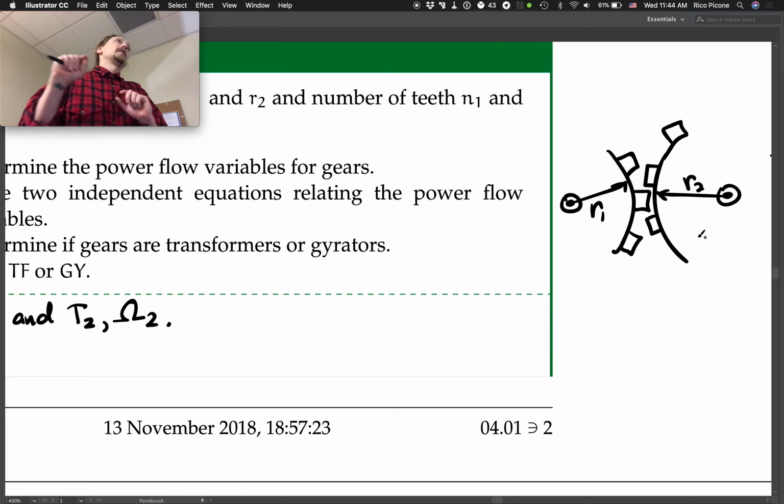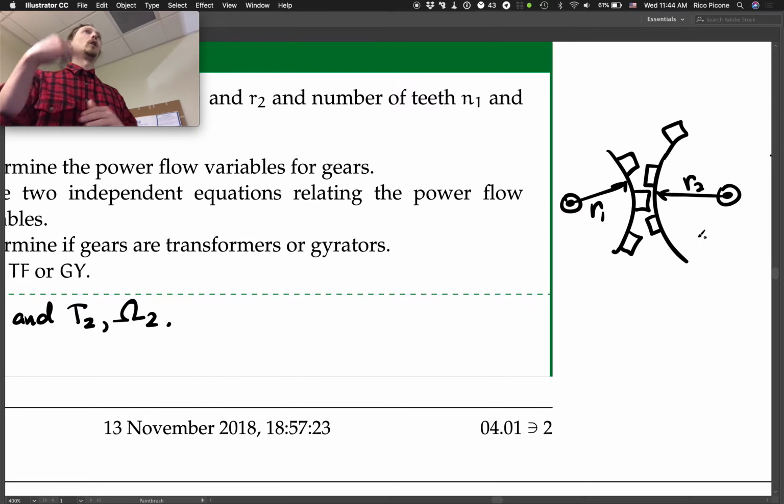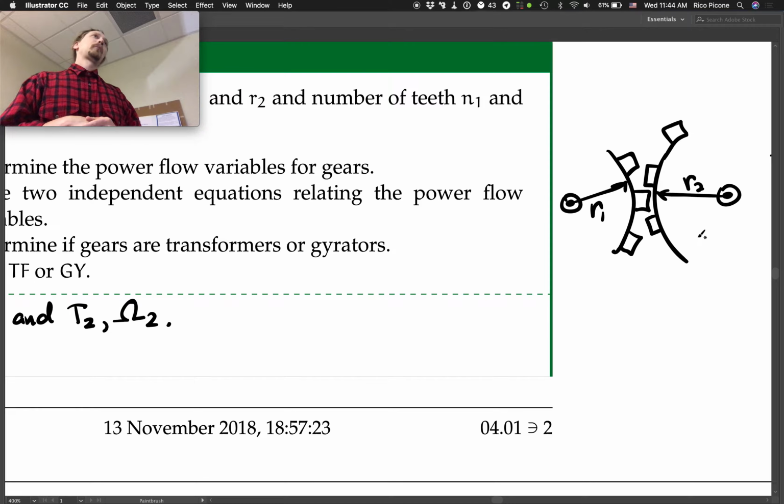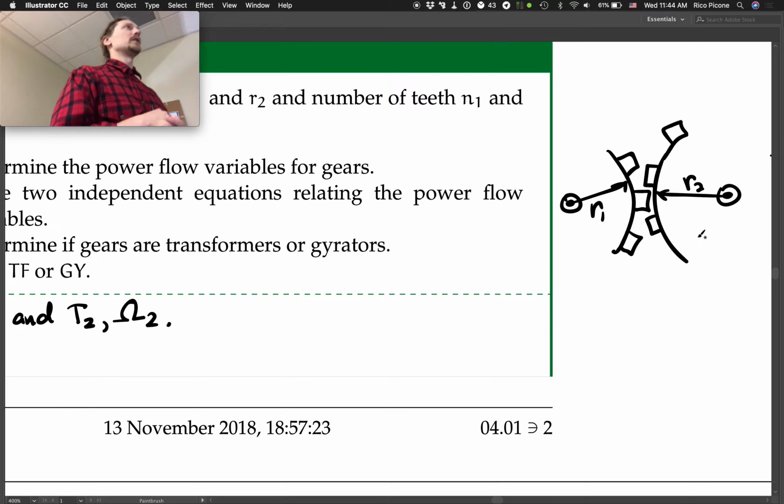So if you, for instance, gear down a high-speed motor to get a lower speed output, you get more torque, okay? So you get to trade off between torque and angular velocity. And that's a trade-off that we're going to deal with a lot when we're using motors. We have to think about torque, we need to think about angular velocity. These are the two variables that we're most concerned with.